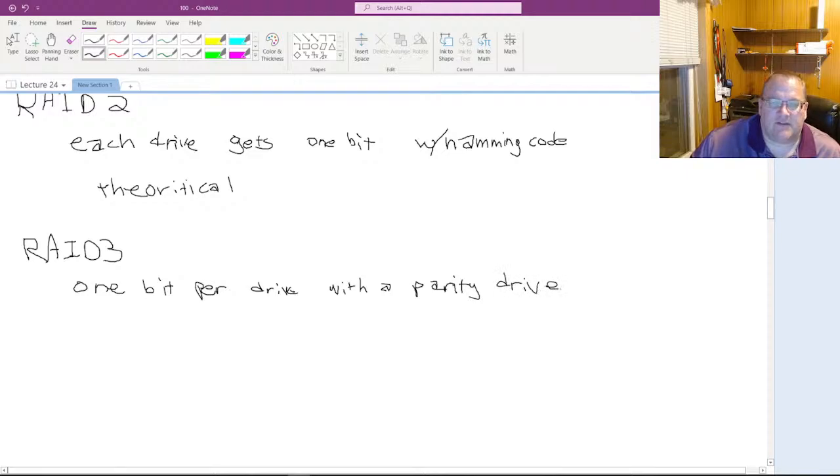I was reading some stuff on this earlier, and actually it turns out that usually they're almost always odd parity, so that at least 1 bit in one of the drives will be on, will be a 1, and that's required in odd parity.